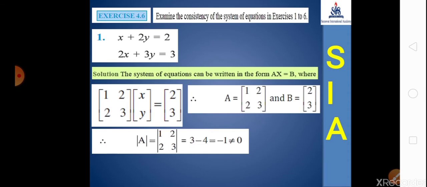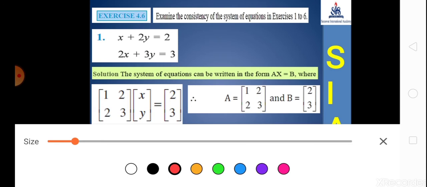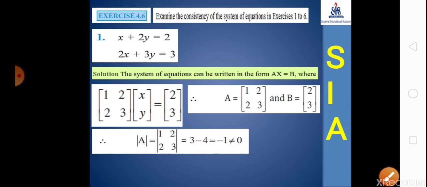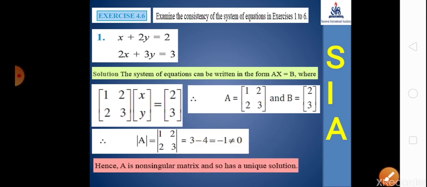So check determinant A, whether the value is 0 or non-zero. Yes students, if this answer is non-zero, then A inverse exists, then a unique solution exists, and your answer is ready. But if this answer comes 0, then you never write that a solution exists. That's where your sum ends. Now the value of A is non-zero, therefore A is a non-singular matrix and so has a unique solution.